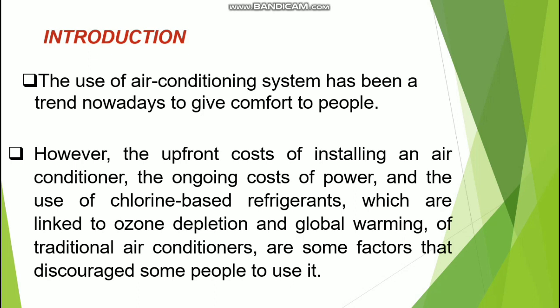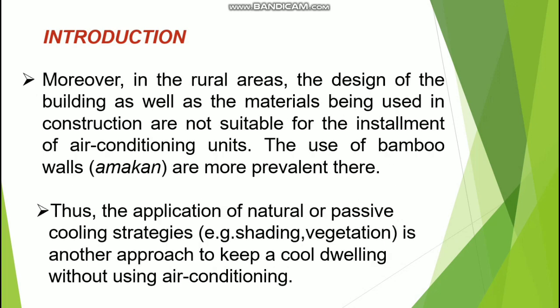However, the upfront cost of installing an air conditioner, the ongoing cost of power, and the use of chlorine-based refrigerants, which are linked to ozone depletion and global warming of traditional air conditioners, are some factors that discourage some people to use it. Moreover, in the rural areas, the design of the building as well as the materials being used in construction are not suitable for the installation of air conditioning units.